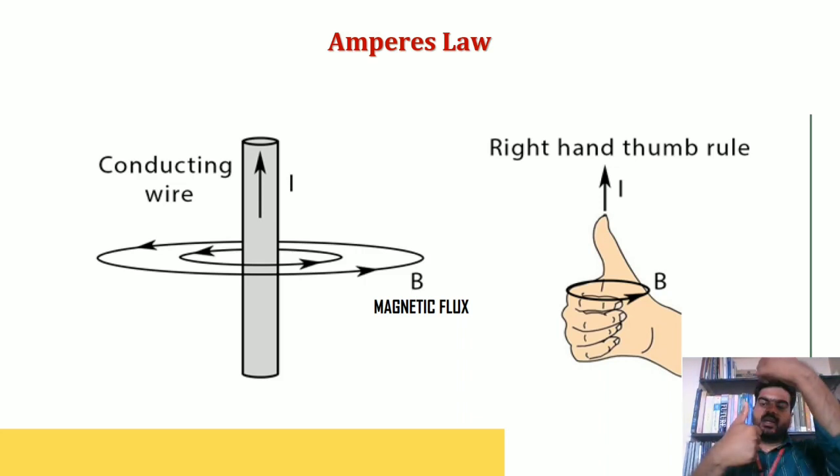When you pass the current through the conductor, from here to here, what happens is that the other fingers, other than the thumb, are wrapped inside your hand. So that means this is assumed as the magnetic flux, the magnetic field. So this is Ampere's law or the right hand thumb rule.